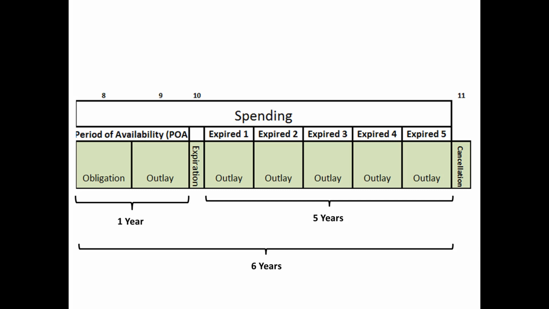Let's take a look at how this works graphically. These 4 rectangles represent the period of availability of 1 fiscal year divided into 4 quarters. It's during this period that the budget execution events we have discussed so far occur. We first have a resource that we control and distribute.